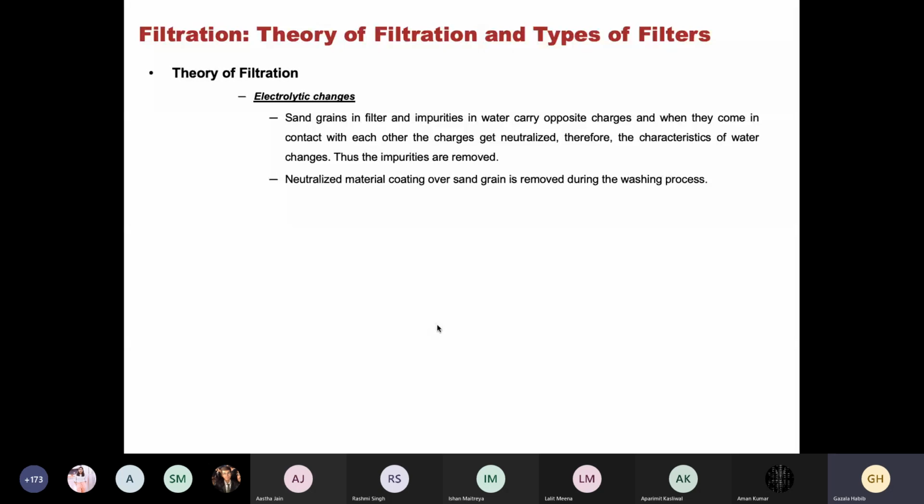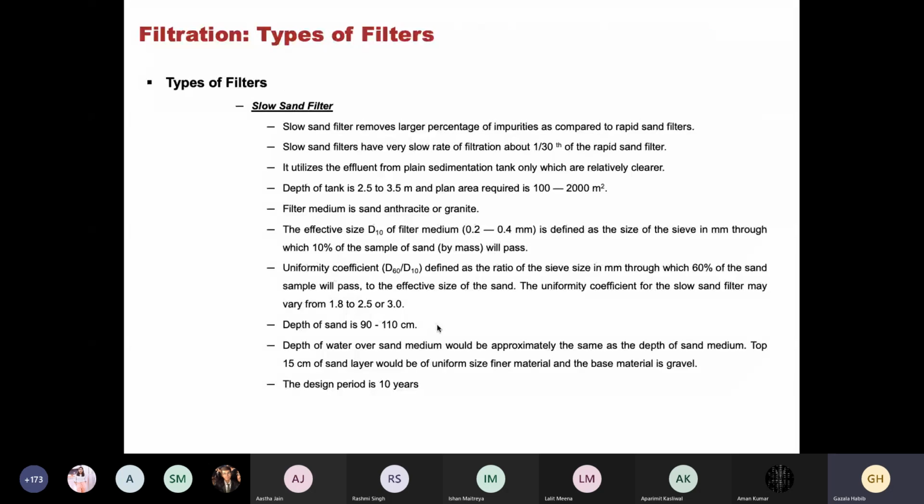the filtration theory says. Now as I said, gravity filters are of two types: slow sand filter and rapid sand filter. I have given some of the properties of the slow sand filter.